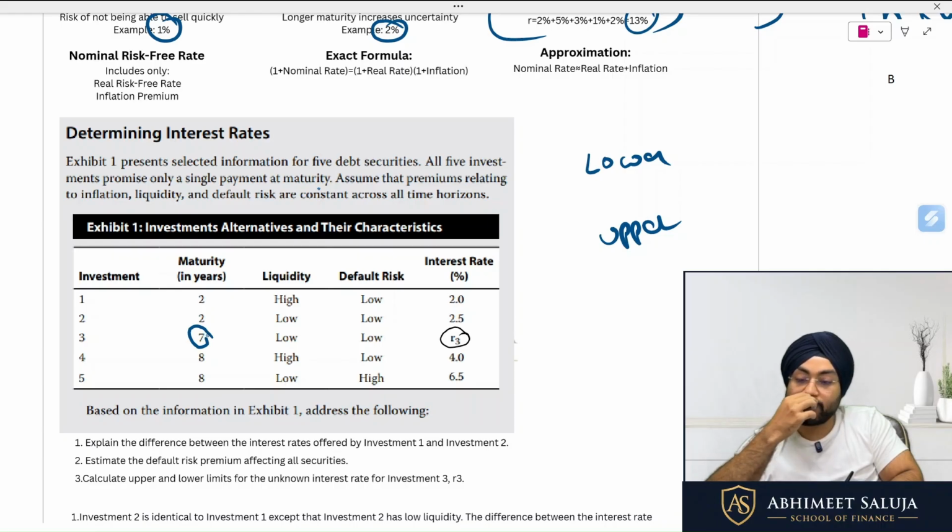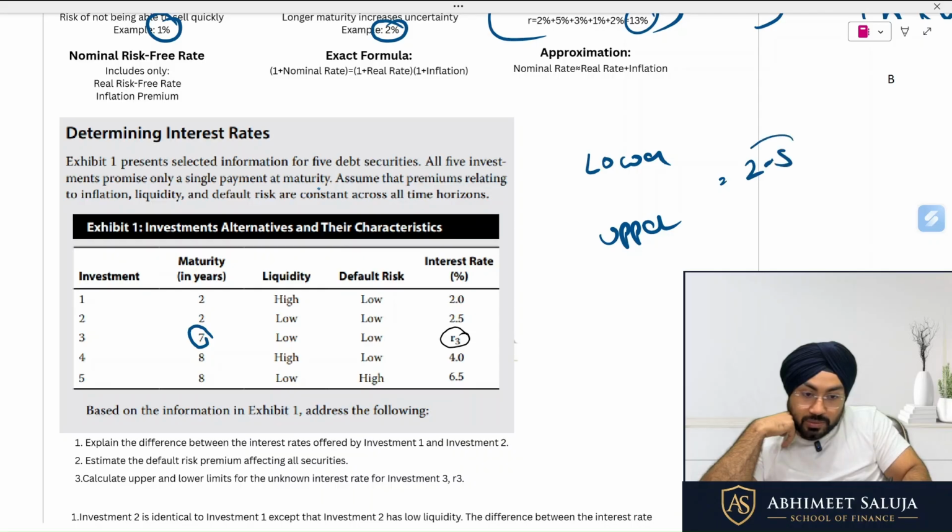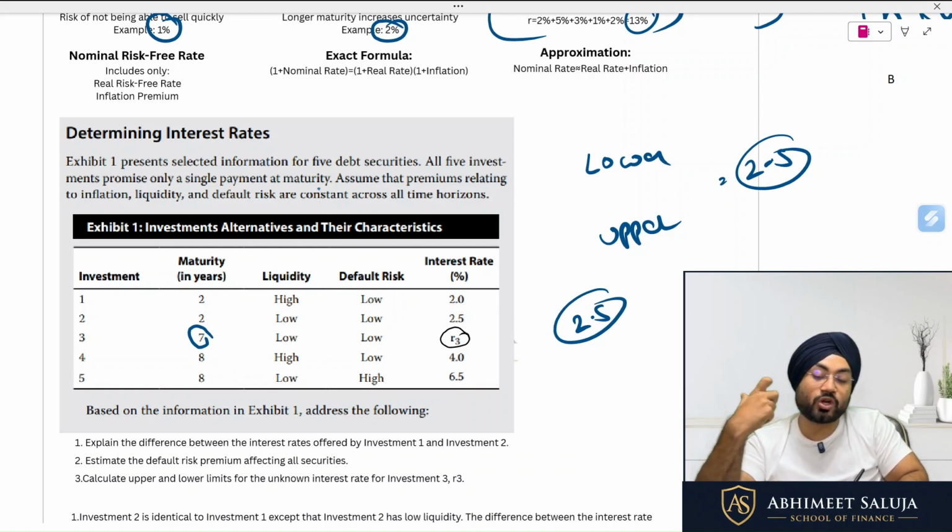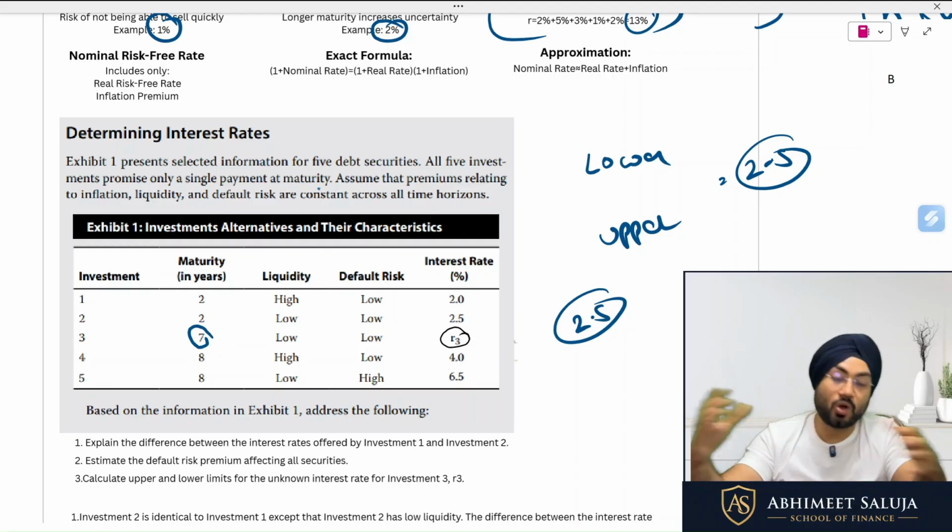If I consider the maturity premium, the lower limit should be at least 2.5%. The third instrument will have a maturity premium attached to it, because it is a longer tenure bond.